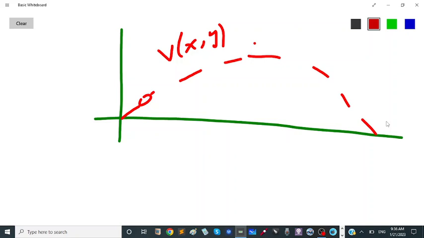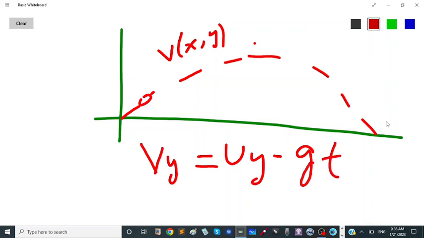So vy, the vertical component, is equal to initial uy minus gt. But for the horizontal component, ax is equal to 0, so vx is equal to ux.